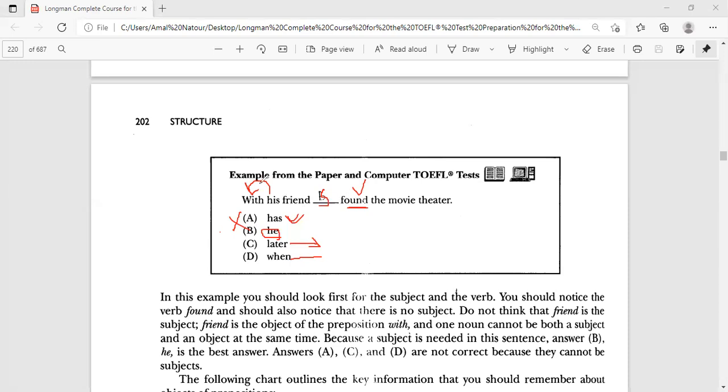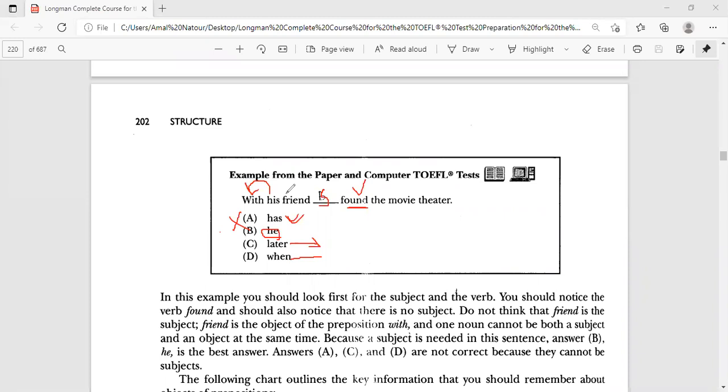Friend here is the object of a preposition, which is with. And one noun cannot be both a subject and an object at the same time, because the subject is needed here in the sentence. Okay, then answer B is the correct answer. A, C, and D are incorrect.